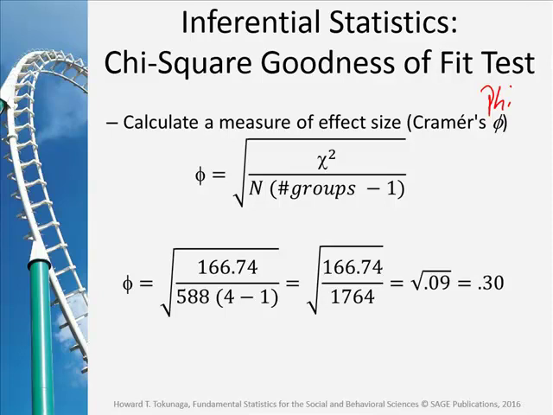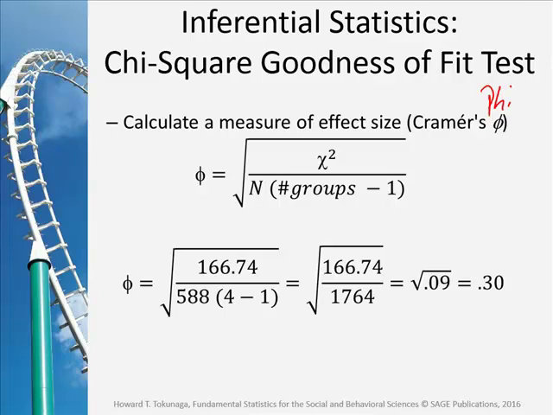You get a number that's square rooted, so it's going to be in between 0 and 1. They always end up between 0 and 1. And then they basically say, depending upon the value, you either have a small, medium, or large effect.